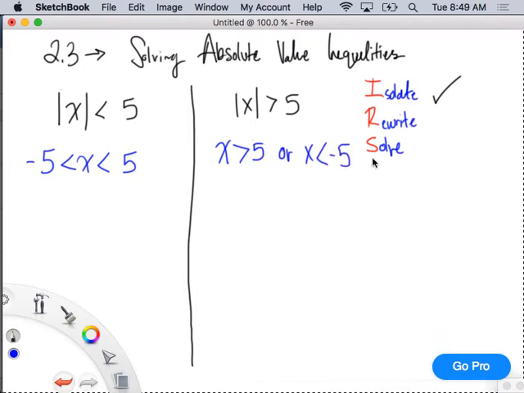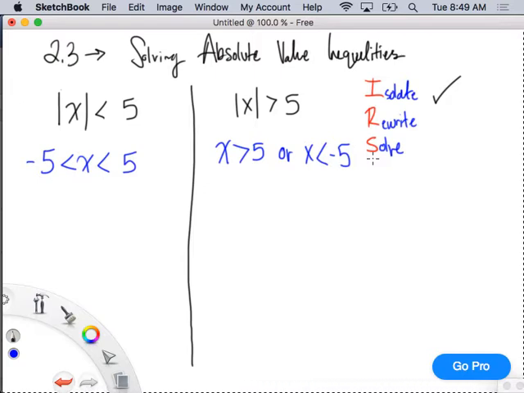So that's if it's more than or greater than. First you always drop the absolute value. In this case it's or, flip the inequality, and then make the number negative. Does that make sense? Okay. So those are the simplest examples that I could potentially give you.